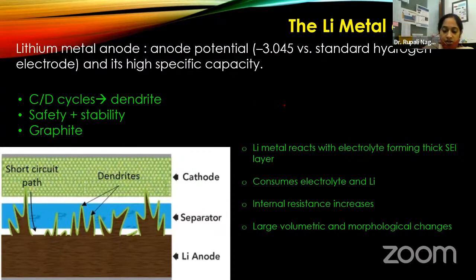What this solid electrolyte interface does is that it forms a layer and it further stops the decomposition or deterioration of the electrolyte which is used. This SEI consumes some electrolyte and some lithium, because of which the internal resistance of the battery rises. When different charge-discharge cycles take place, large volumetric and morphological changes take place, and these are inevitable.